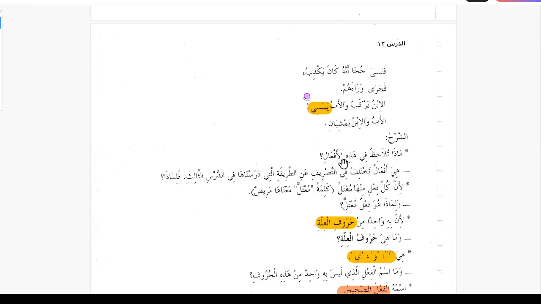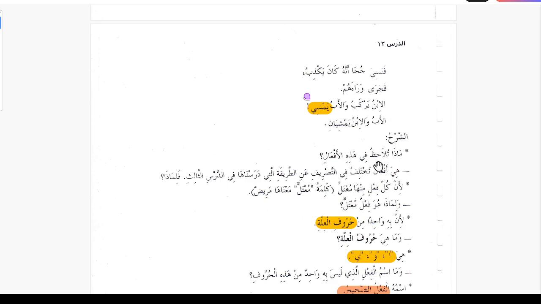Maza tulahizu fi hazihi al afali, what we find in these verbs. Afal is a broken plural, so it's tulahizu.